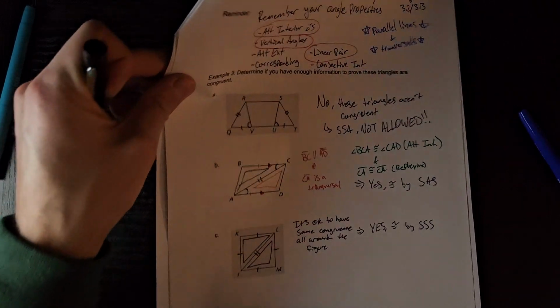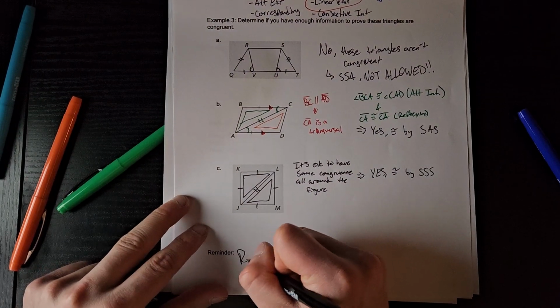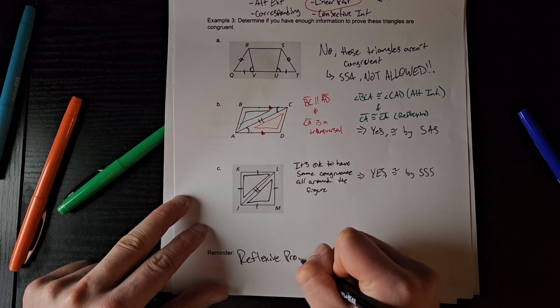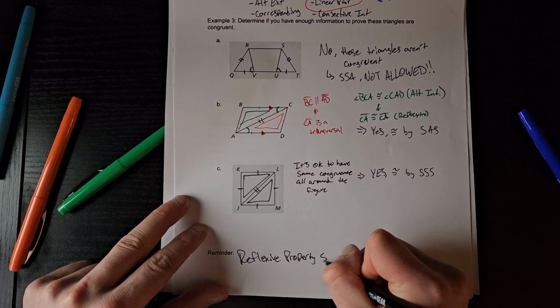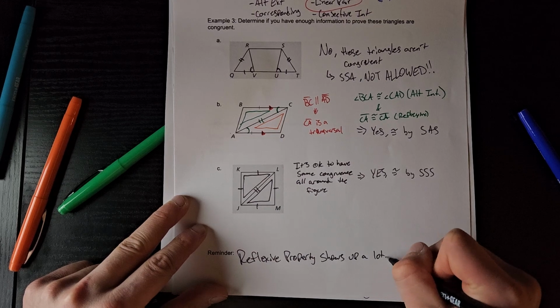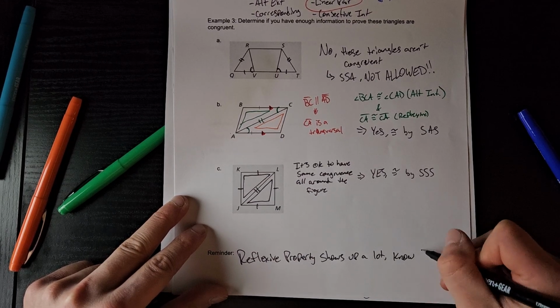And then I'm going to make a reminder down below, stating that the reflexive property shows up so much. The reflexive property shows up a lot. Know how to recognize it.